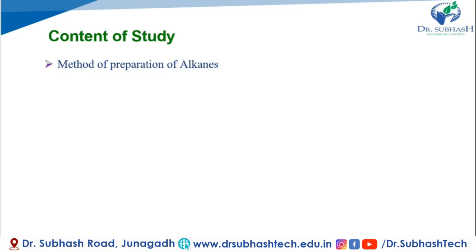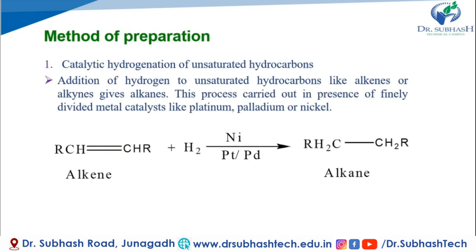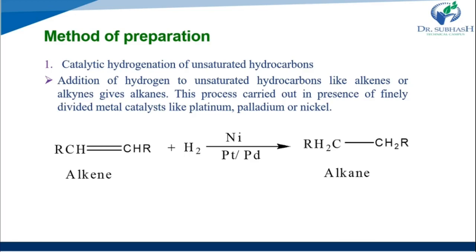The first method of preparation is catalytic hydrogenation of the unsaturated hydrocarbons. In this process, unsaturated hydrocarbons with addition of hydrogen make an alkane. Alkane means the saturated hydrocarbon.